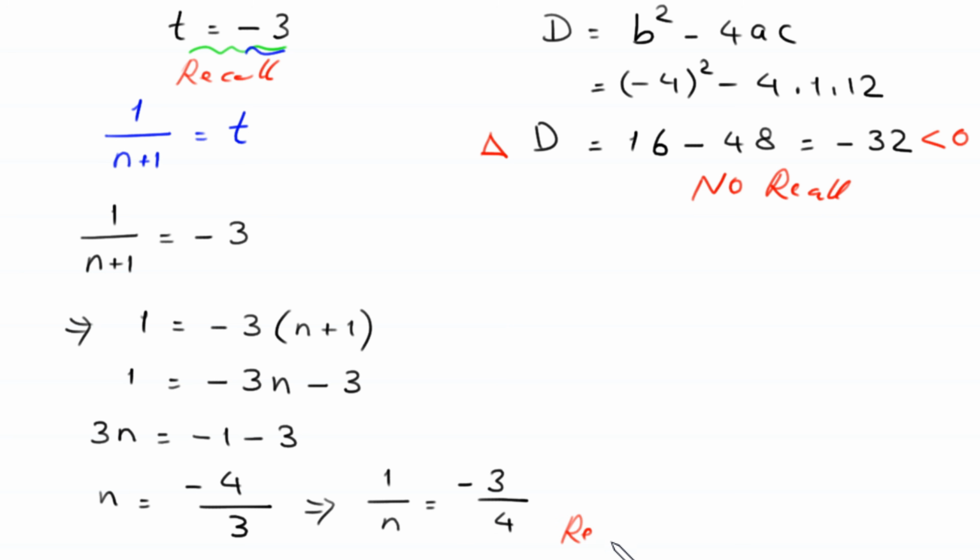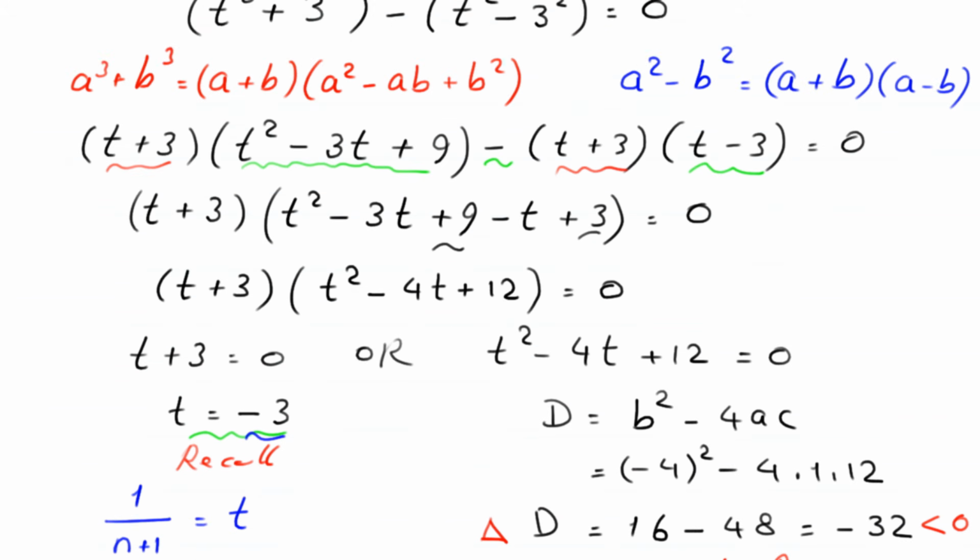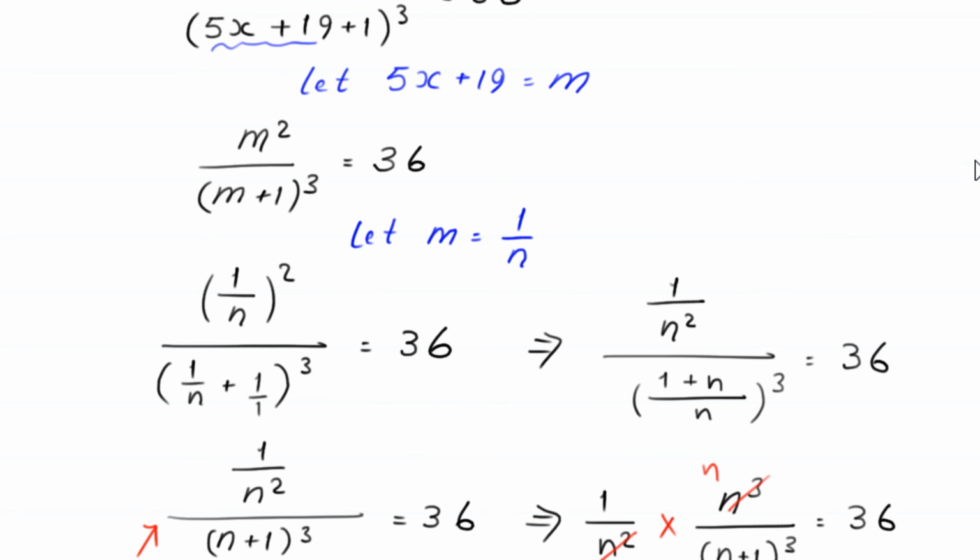Now recall that m is equal to 1 over n, and 5x plus 19 is equal to m.